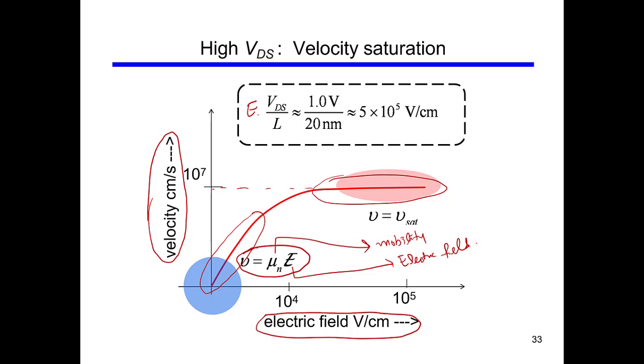Interestingly, if you calculate the electric field for a modern short channel transistor, the value of VDS is typically 1 volt and the channel length is, for example, 20 nanometers. There are transistors whose channel length is below 20 nanometers. So you get 5 × 10^5 volts per centimeter.